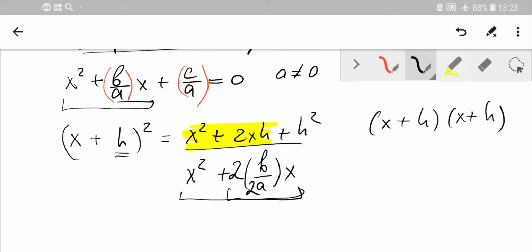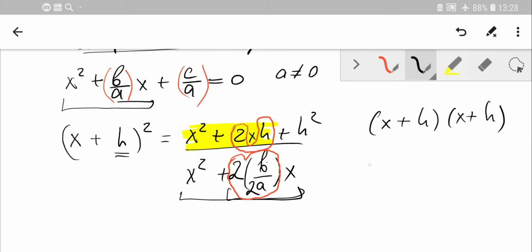Now we have the structure. So let's compare the term 2h, the coefficient before x, which should be equal to the term 2b over 2a. Those two coefficients are the same.